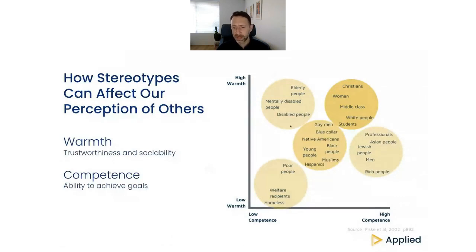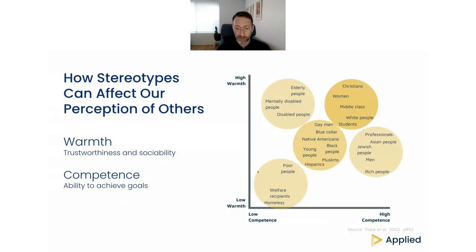As you can see, it plots low competence to high competence, low warmth to high warmth. And if you look at high warmth and high competence, you'll have middle class, white people, students. This was in line with the people who I think were the sample sets or the participants in the study.